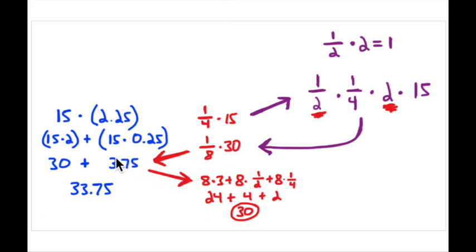So 8 times this number right here better equal 30, because it's equal to 1/8 of 30. So 8 times 3 is 24. 8 times 75/100 or 3/4, rewrite that as 1/2 plus 1/4. 8 times 1/2, 8 times 1/4, 24 plus 4 plus 2, and that does in fact equal the 30.